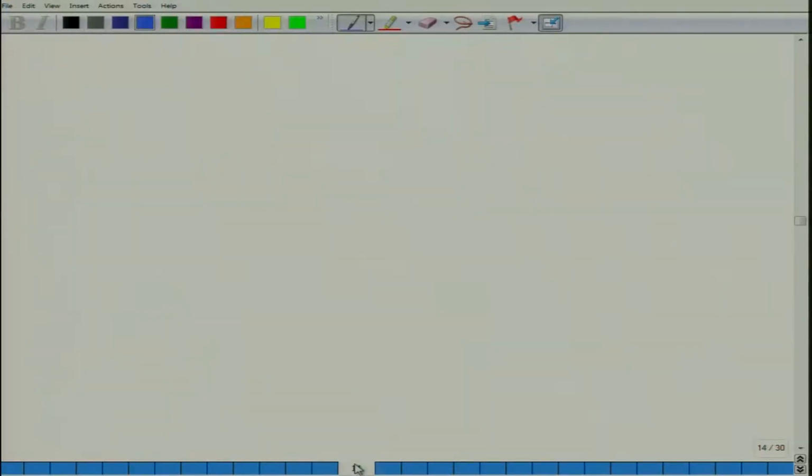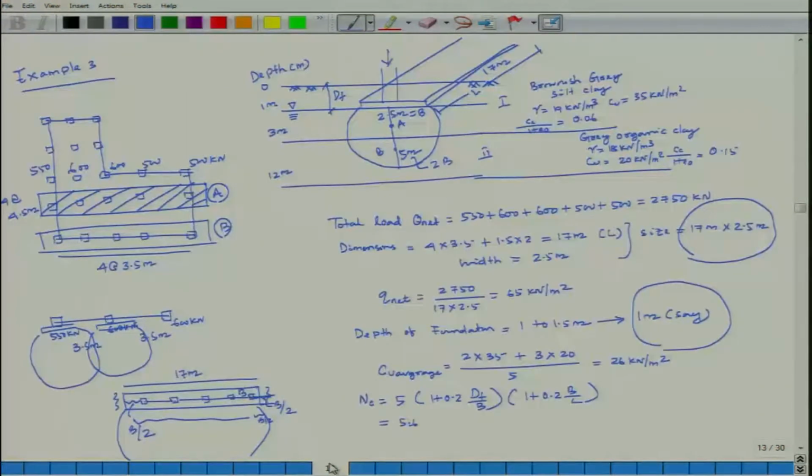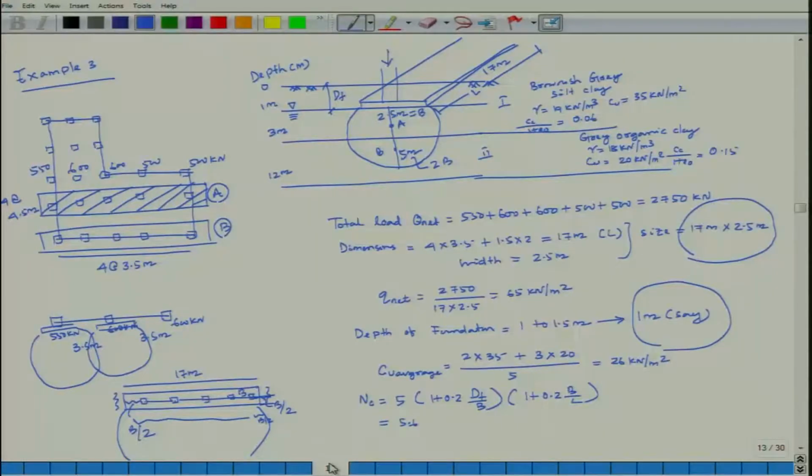Come to the next step, find out Q ultimate net, or net safe, CNC by factor of safety, because the subsoil profile is purely cohesive soil, there is no phi.